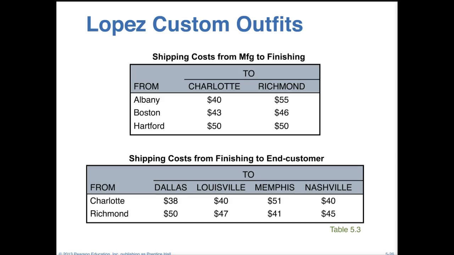So this is, of course, the shipping cost once the basics of the product is made to get it to the specializing, or the finishing, as they call it. Finishing just means if I want some special rhinestones on there or something like that, I will put that on, along with inspecting it to make sure that everything is how it's supposed to be.